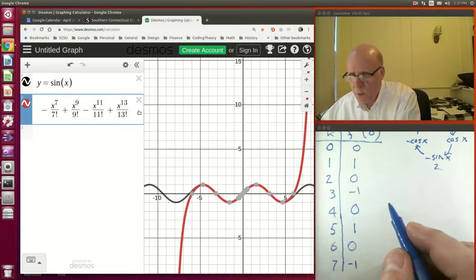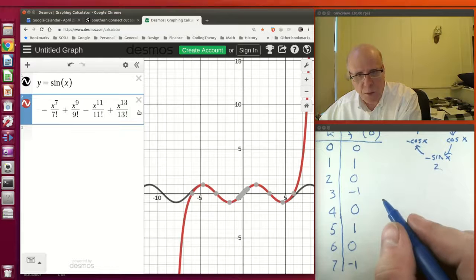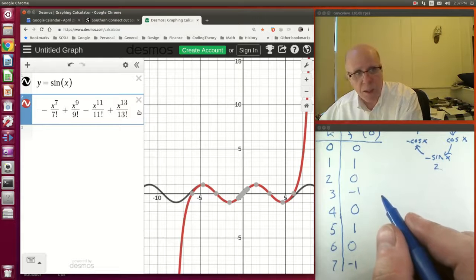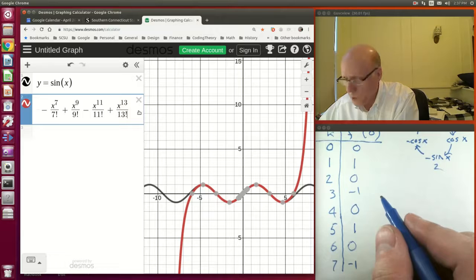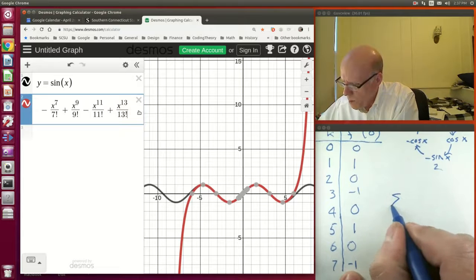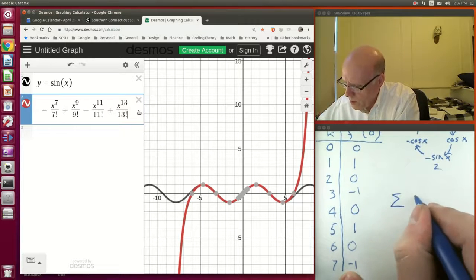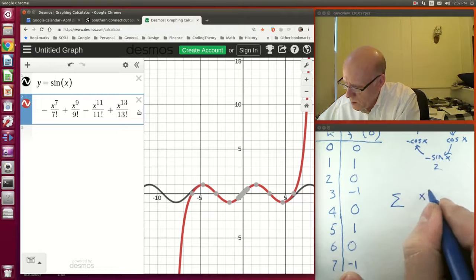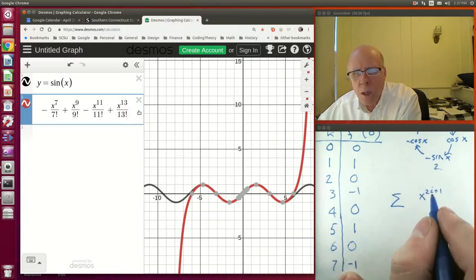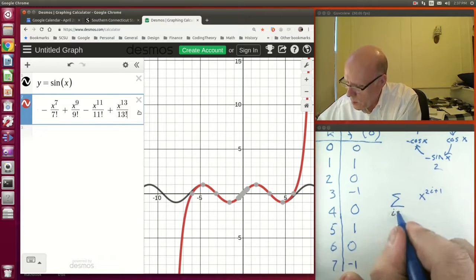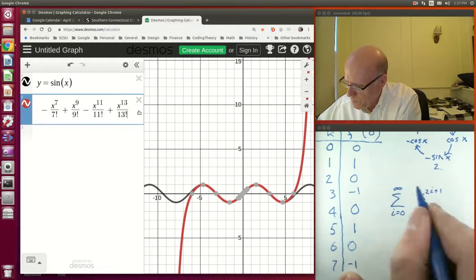So let's see if we can write out what the infinite series would be that has those as its first several terms. The power on x is x to the 2i plus 1. And that's with i starting at 0 and going to infinity.